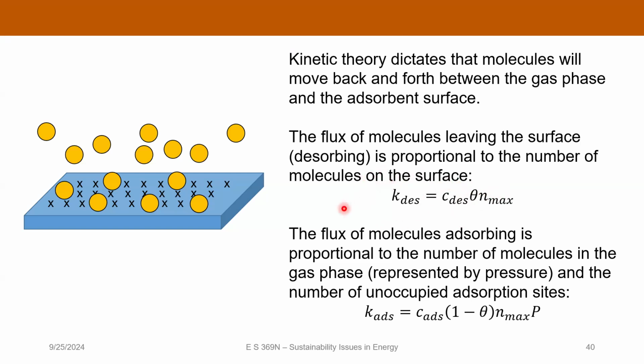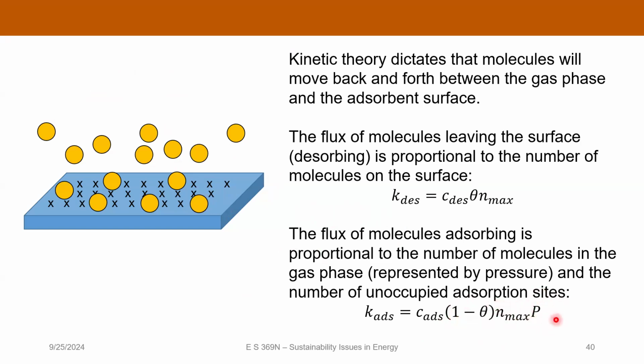We'll assume there's also a flux of molecules going from the gas phase down to the surface. And we'll again assume that that flux is proportional to the number of molecules that are in the gas phase. And so we'll represent that with the pressure of the gas phase. And so here we have 1 minus theta. So that's the unoccupied fraction of the surface sites.